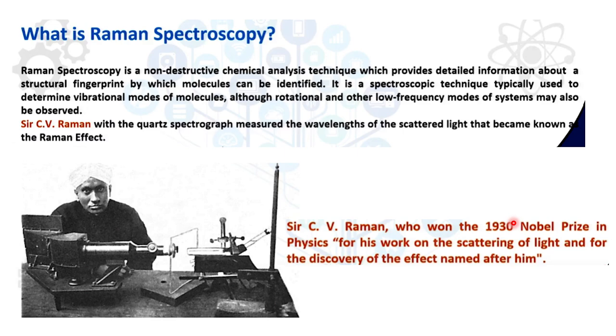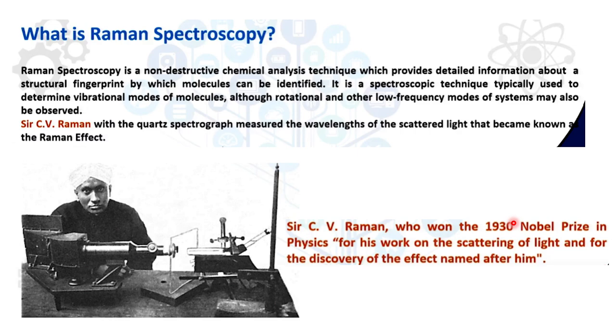Now, what is Raman spectroscopy? It is a non-destructive chemical analysis technique which provides detailed information about the structural fingerprint by which molecules can be identified. So from FTIR, you can get insight about the structural part of a molecule, what functional groups are present on a molecule.